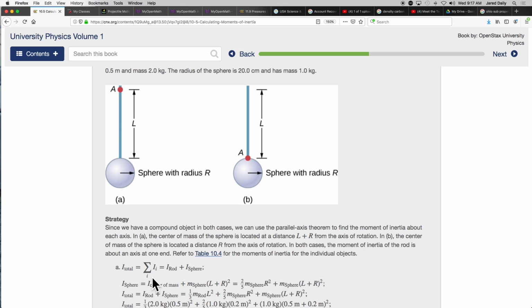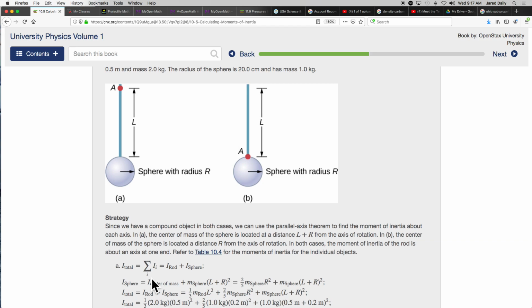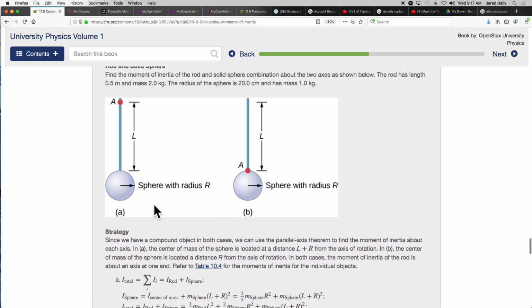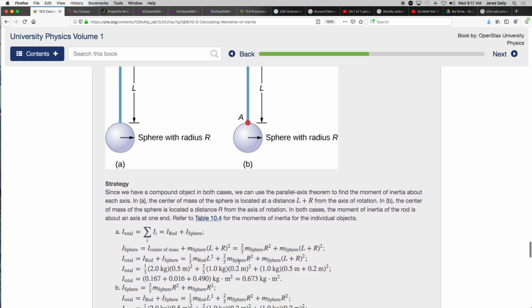So the moment of inertia of the sphere is 1/3 times the mass times the radius of the sphere squared. And that's what they do right here. 1/3 times 2 times 0.5 meters squared. And then you have to do the parallel axis thing, which means you take the mass of the sphere times the distance that the sphere is from the point of rotation, which is the length plus the radius of the sphere again. So they do that here. The length plus the radius of the sphere again.